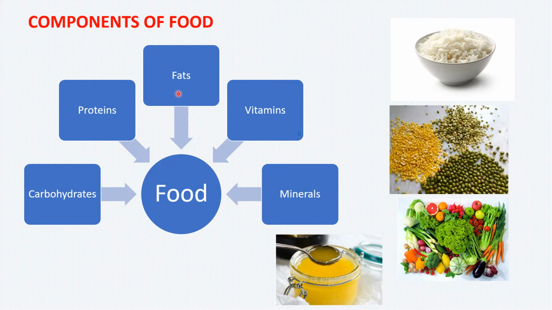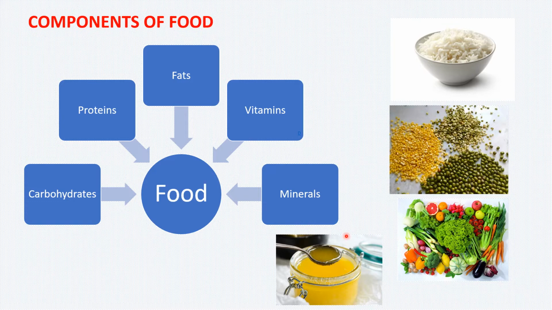Next, fats rich food. There are so many, but we can tell ghee is fat rich food. Then vitamins and minerals. These two we can find in different types of vegetables.